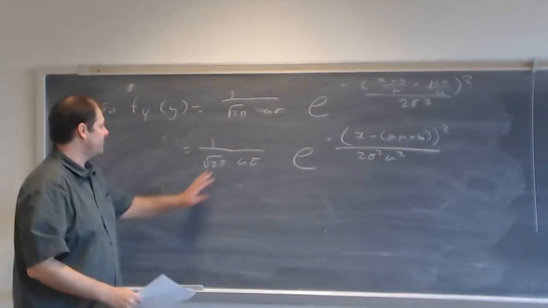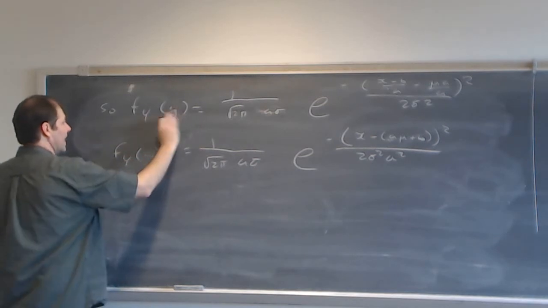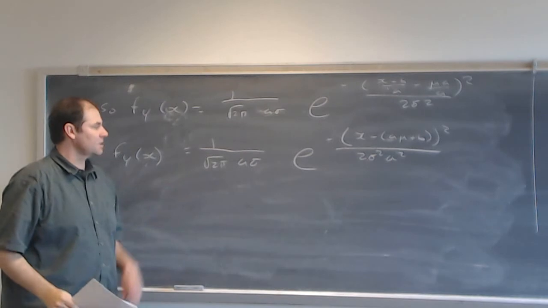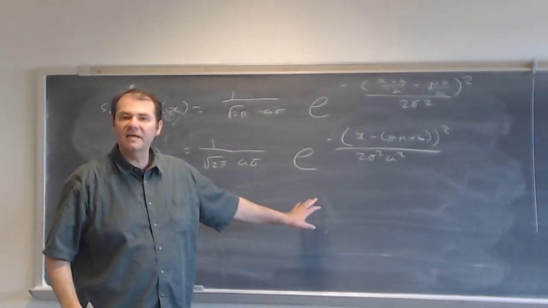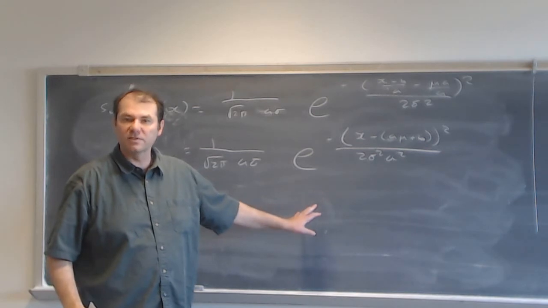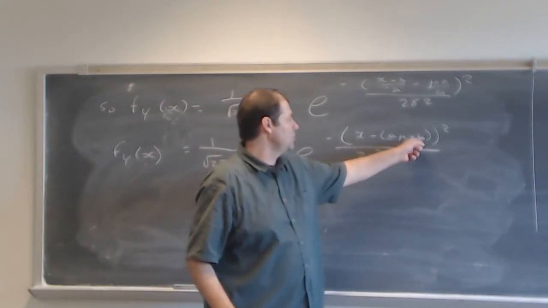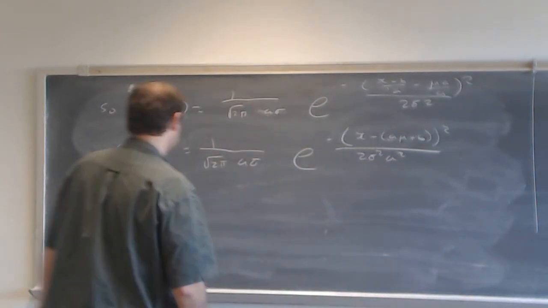Now when you look at this form, that's f sub Y of x. I'm sorry, of x, I said the wrong thing. When you look at this function, it is the form of a PDF of a normally distributed random variable whose parameters are A times mu plus b and sigma squared A squared.